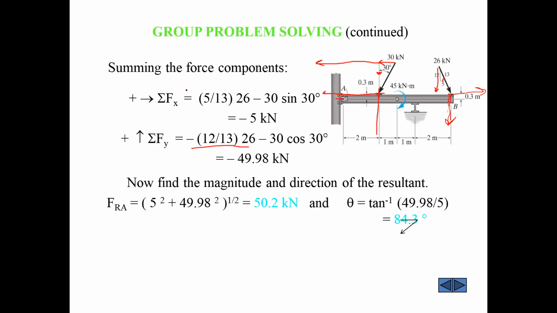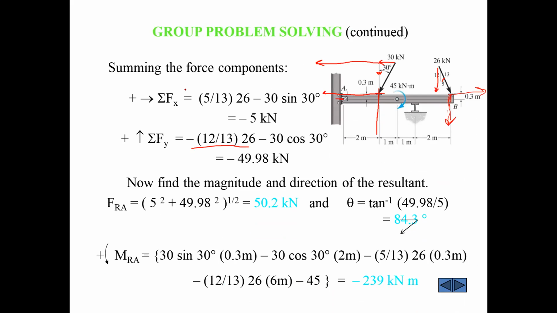You can simplify it. Divide 239 to see where it acts from. So it's 239 divided by, which one of the figures do I divide by to find out where it acts from A?